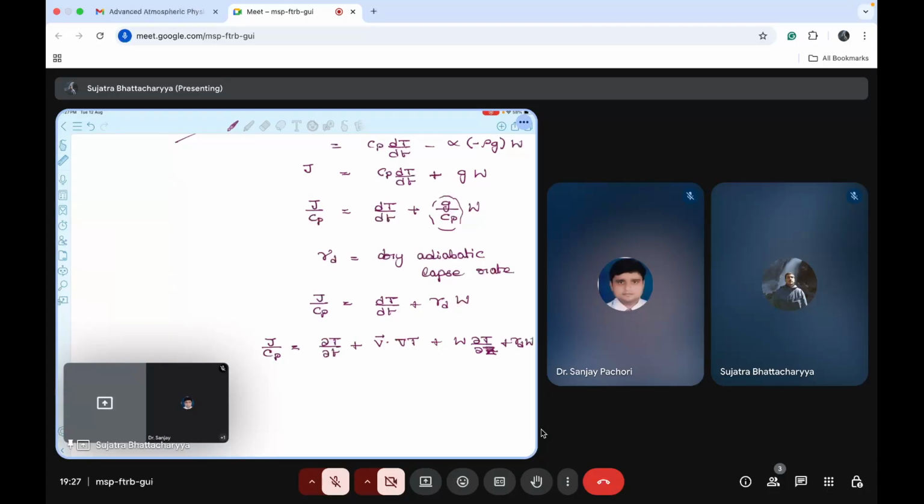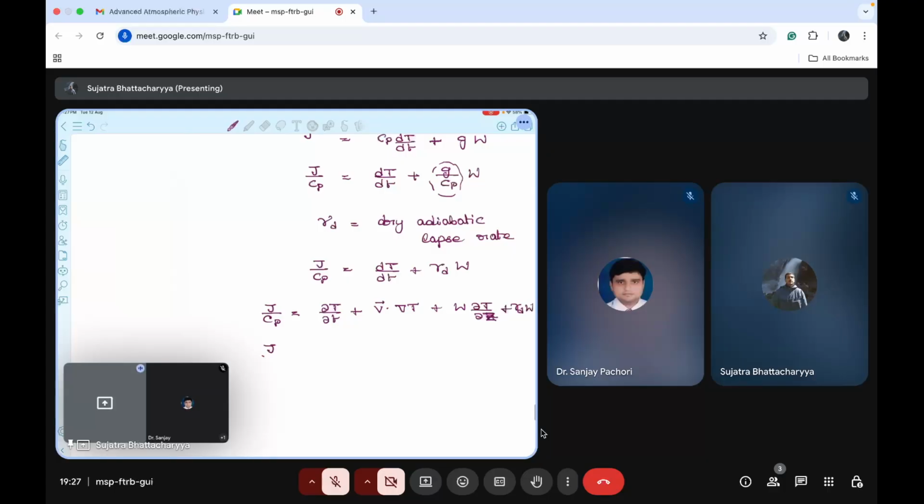Now we will combine both. This V vector is nothing but u comma v, only the horizontal velocity. The vertical velocity we have already taken care of. Dot grad T.